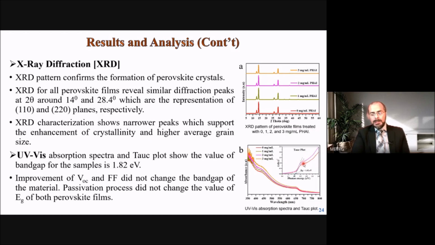So no matter how we change the content of PHI, we will have the same band gap for the material. So the enhancement did not change the band gap of the material. And this is exactly what we need. We need to have a better performance, but the band gap of the material stays the same.